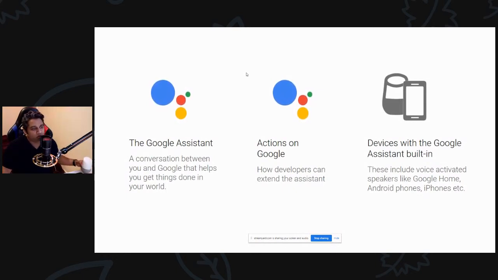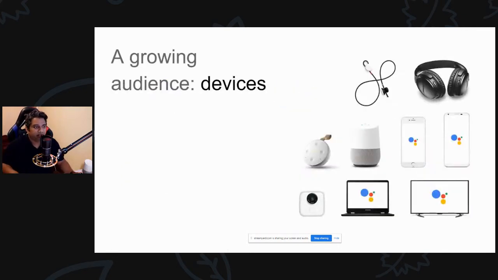So this is the Google Home. So smart speakers, smart displays. We are talking about your Android phones, your iPhones. So the Google Assistant is accessible across multiple platforms and devices. And as part of that, as I mentioned, it's a growing audience in terms of the devices.